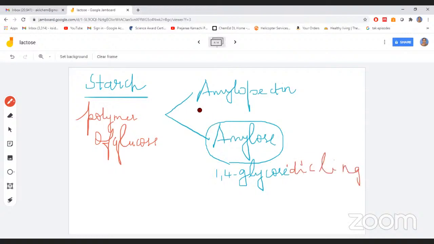And in amylopectin, there are alpha 1,4 glycosidic linkages and also alpha 1,6 glycosidic linkages. So there are both 1,4 and 1,6 in the case of amylopectin. These two components together make the starch.